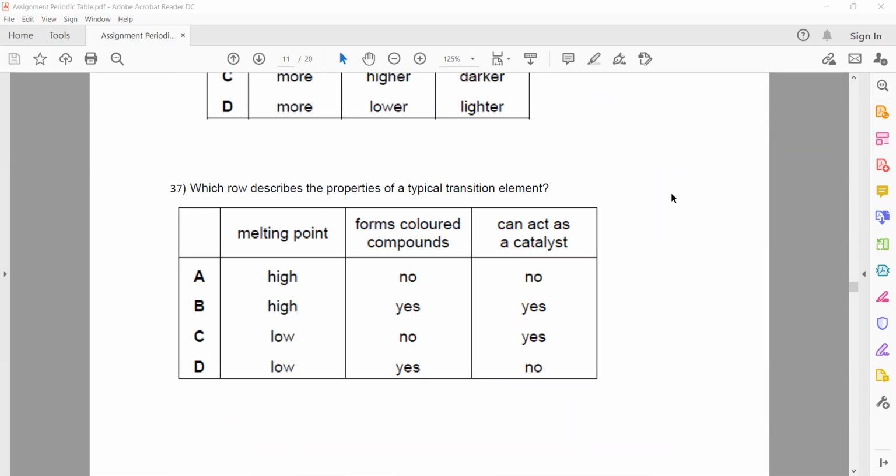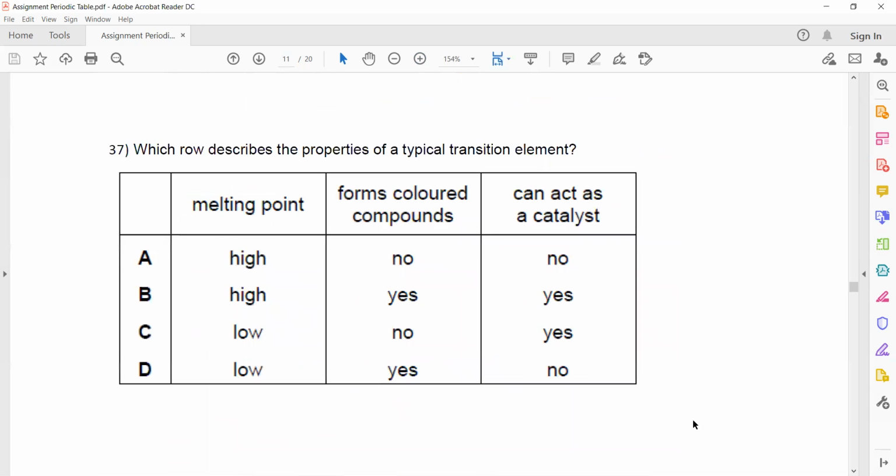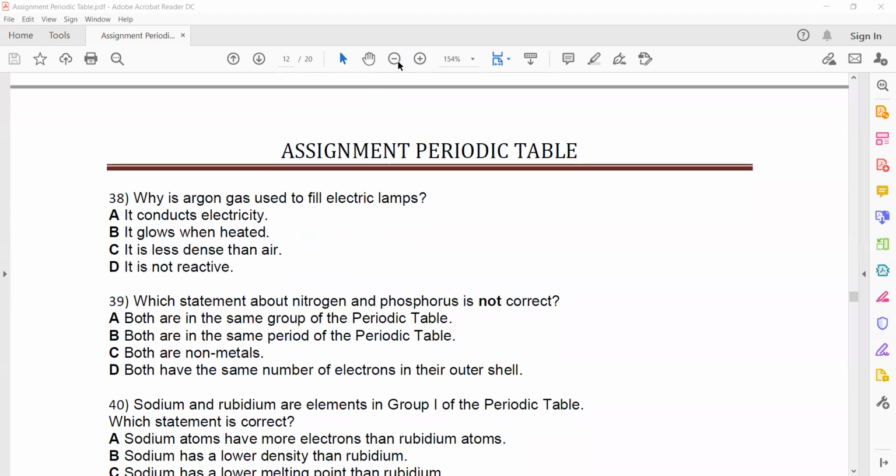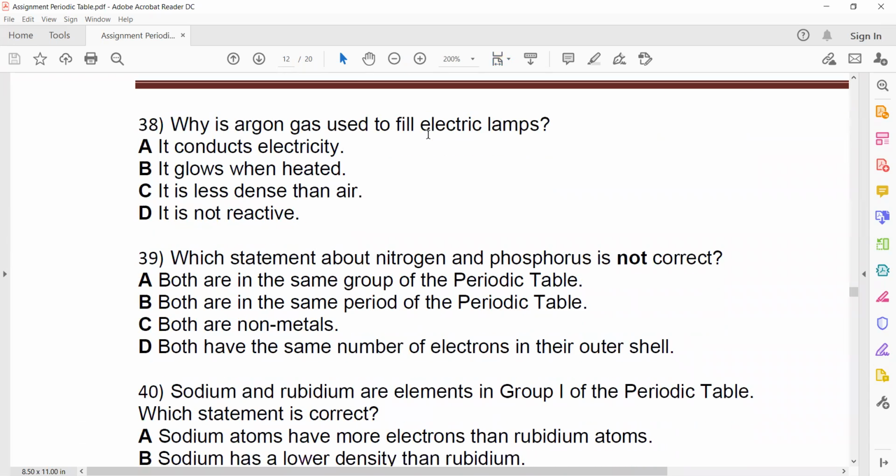Which row describes the properties of typical transition metals? Melting point high, forms colored compound, true, and can be used as a catalyst. That's correct. Question 38.